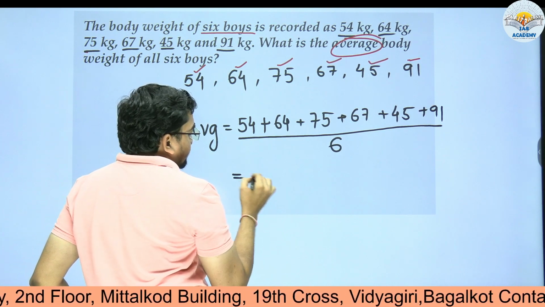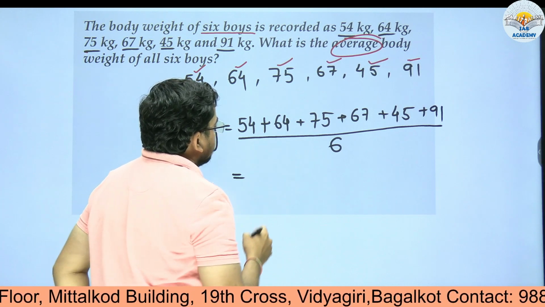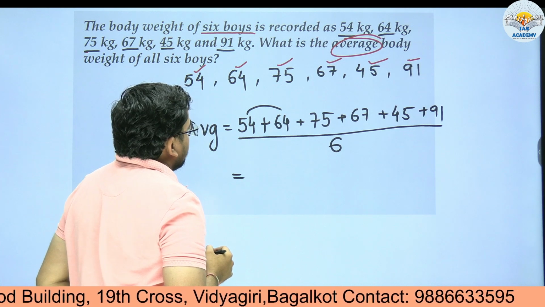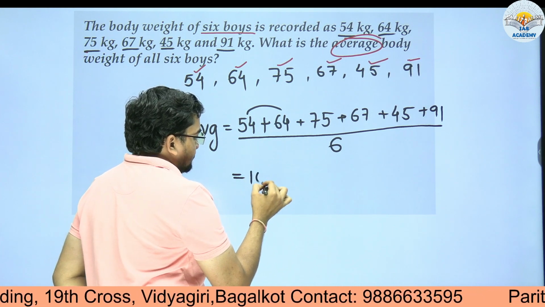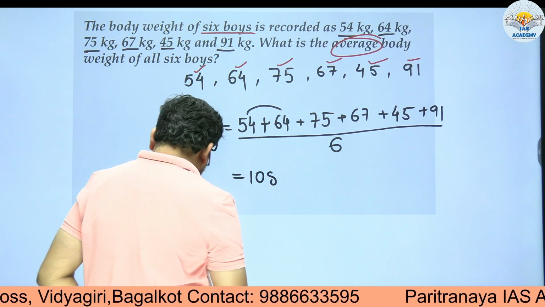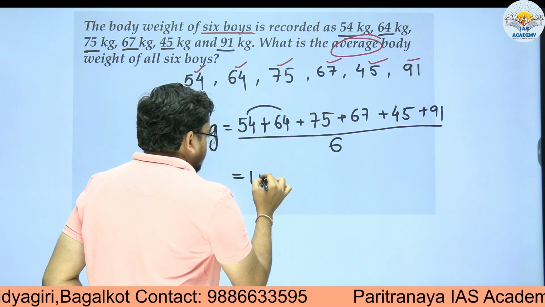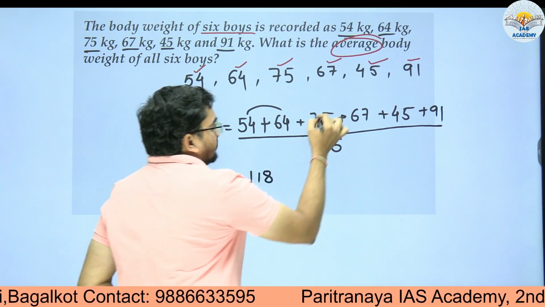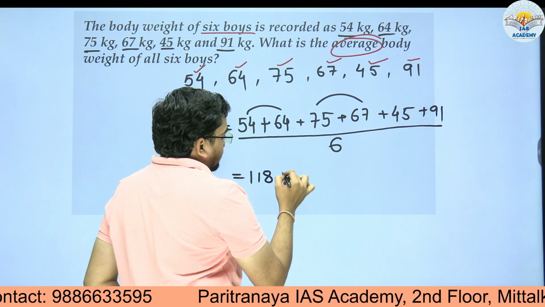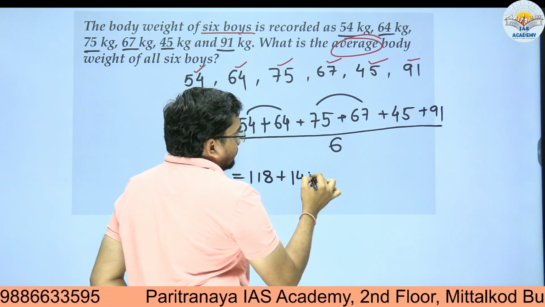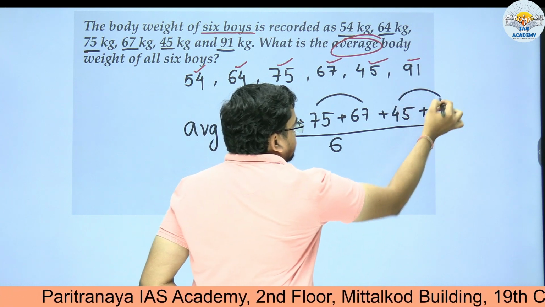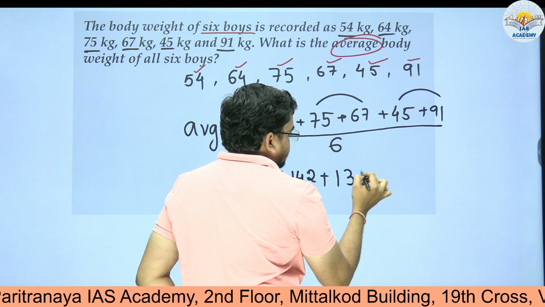If you follow the formula, we have to add the sum of these. Sum of these two is 118, sum of the next two is 130, and the next two 136.